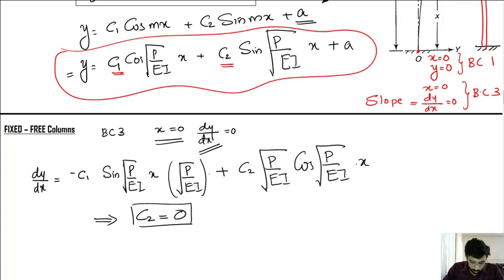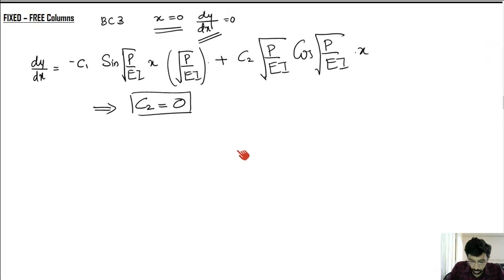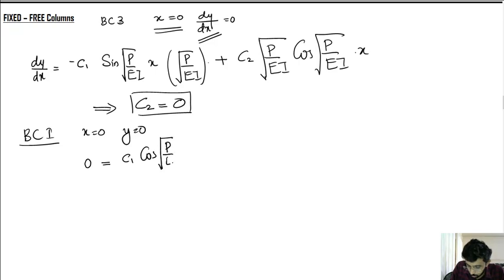Now we apply the first boundary condition, at x is equal to 0, y is equal to 0. If we apply that to our solution, y is equal to 0, c1 into cos root of p by ei into x, where x is also equal to 0.